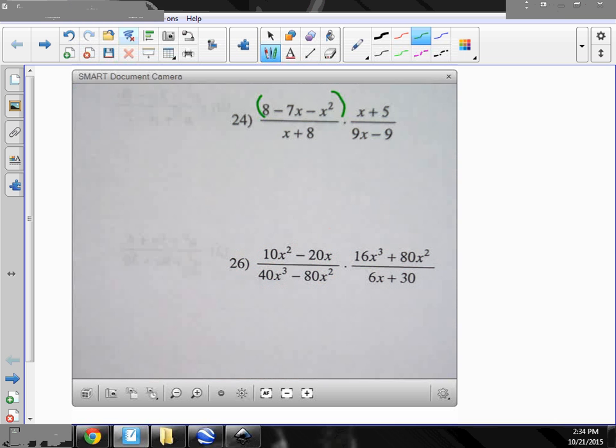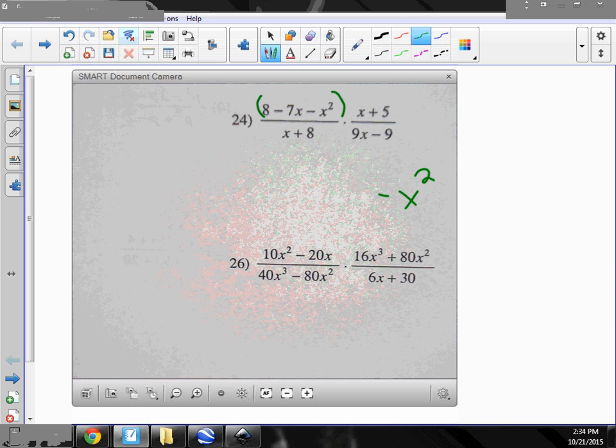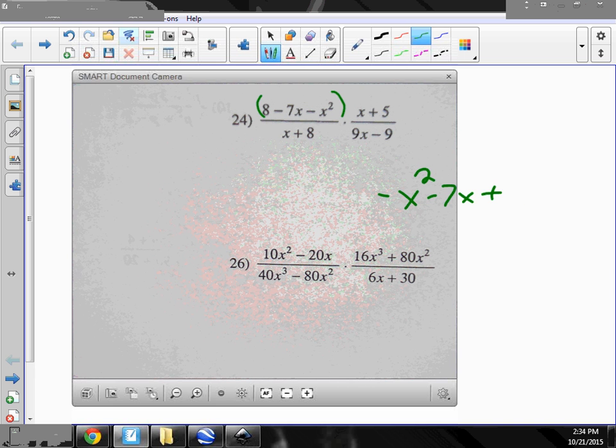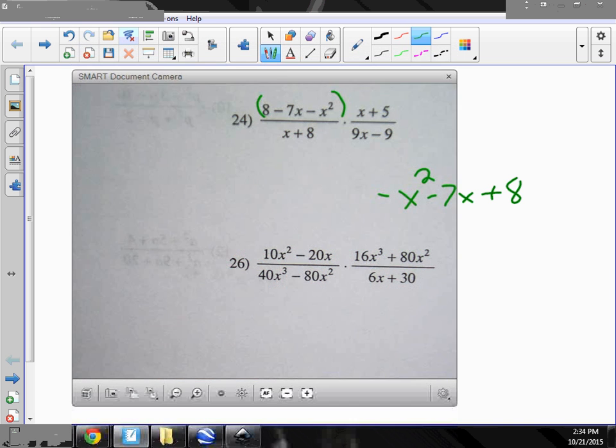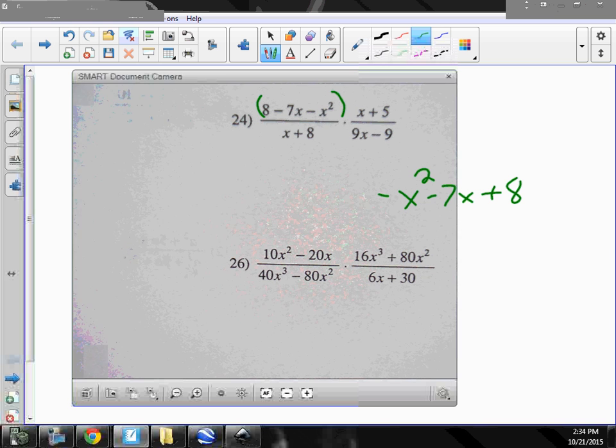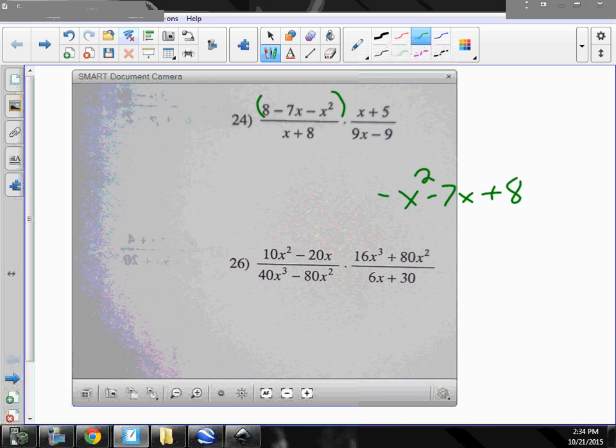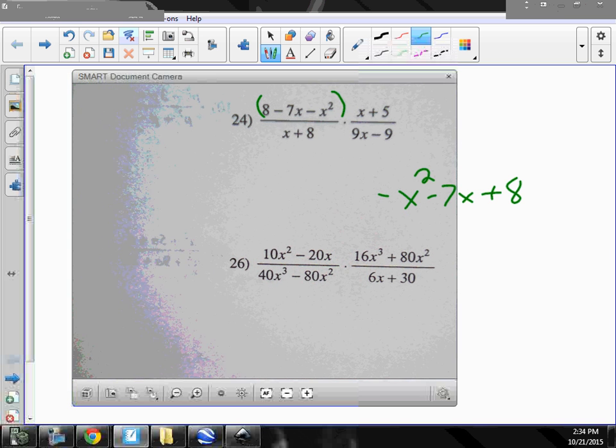Even if I rewrote it, negative x squared minus 7x plus 8, I still don't like it. Why? It has a negative leading coefficient. Can I fix it? Am I allowed to just times it by negative 1? Well, if I times one side by negative 1, I'd have to multiply the other side by negative 1, and there is no other side, so that won't work.